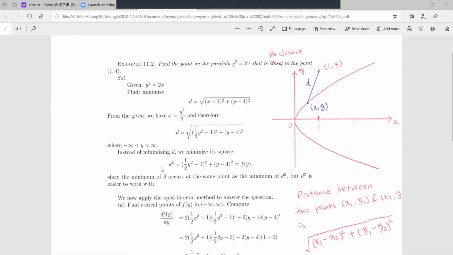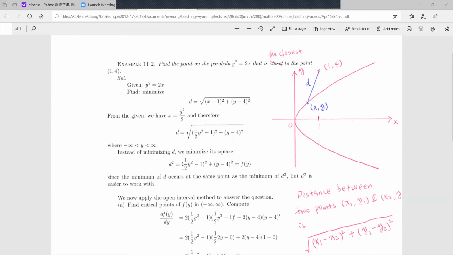Why can we do that? The rationale behind it is that d and d squared reach their minimum at the same y, at the same point. So we can work on d squared and determine where d squared is the smallest.